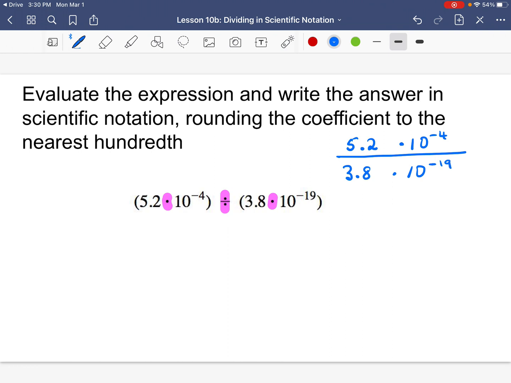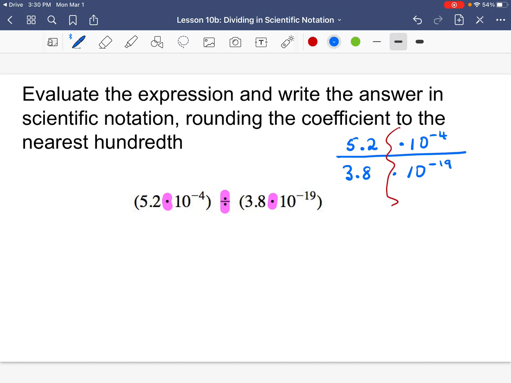I'm going to separate my coefficients and my base and exponent pairs, do the math separately, and then bring it together at the end. So I'm going to draw a line here.